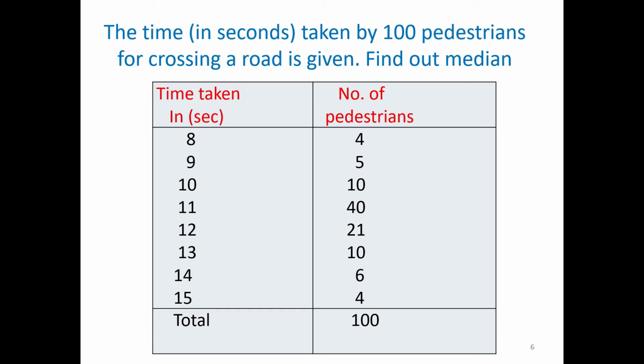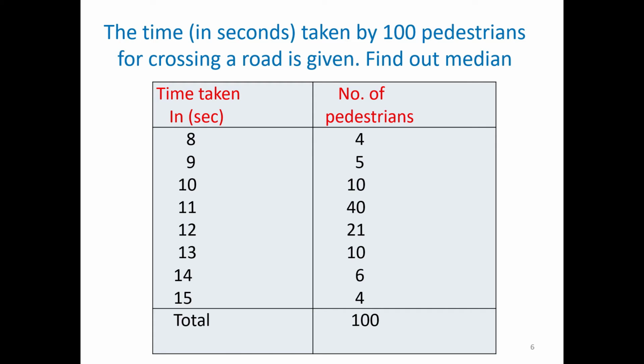Let's see. Time in seconds taken by 100 pedestrians for crossing a road is given. Find the median. So time taken in seconds: 8, 9, 10, 11, 12, 13, 14, 15. And the number of pedestrians, 100 pedestrians, are distributed like 4, 5, 10, 40, 21, 10, 6 and 4.